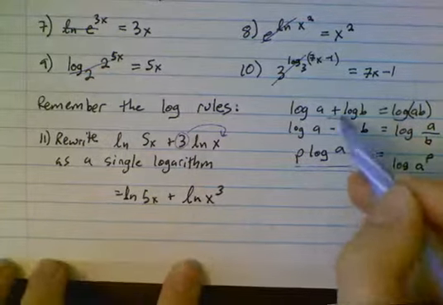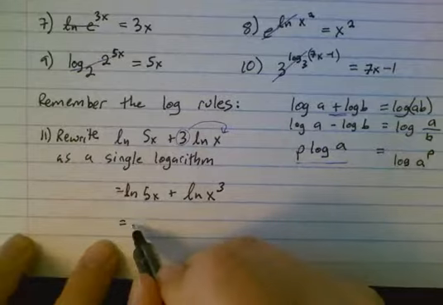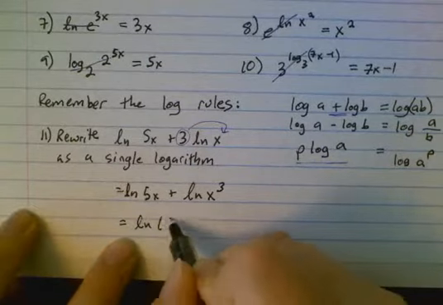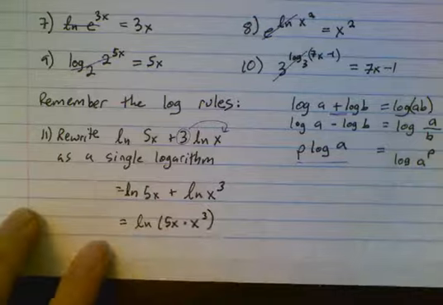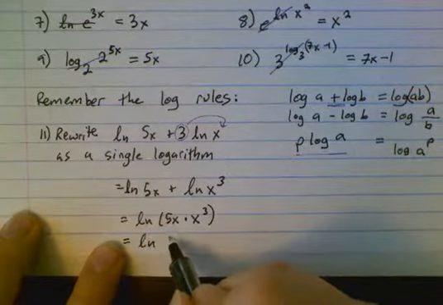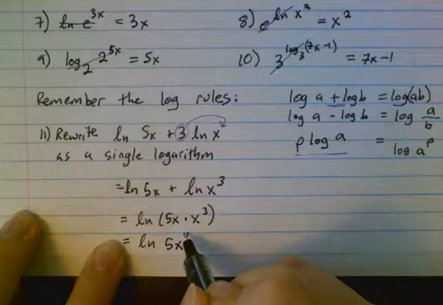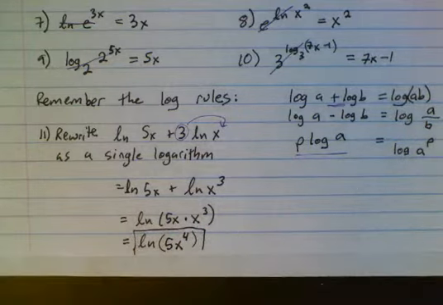Then you're going to use this rule where addition becomes multiplication. And then we can simplify that a little bit further. And there we go.